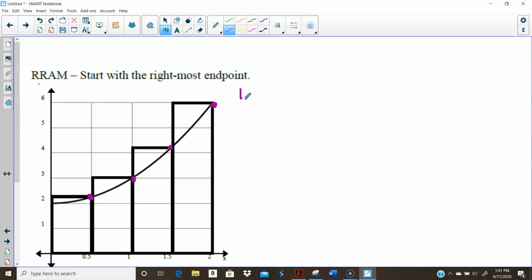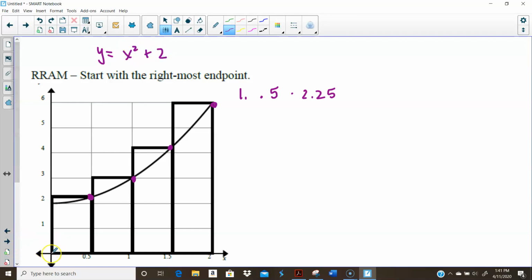So if I do width times length, the width of all of these is 0.5. So the first rectangle is 0.5, and then I am going to multiply that by 2.25. And where I got 2.25 is the function is y equals x squared plus 2.